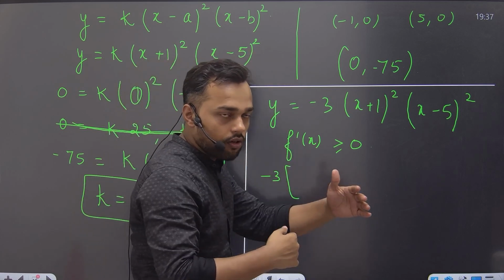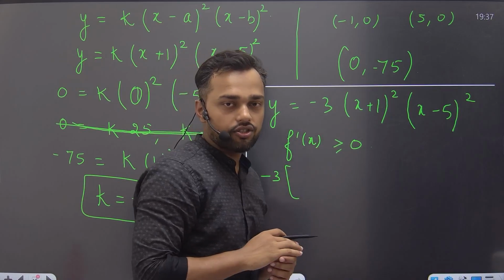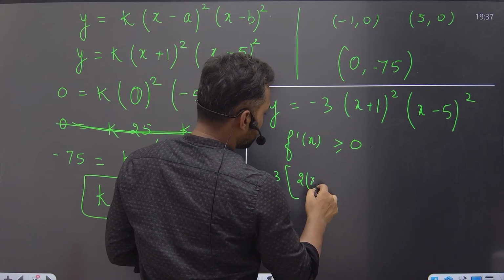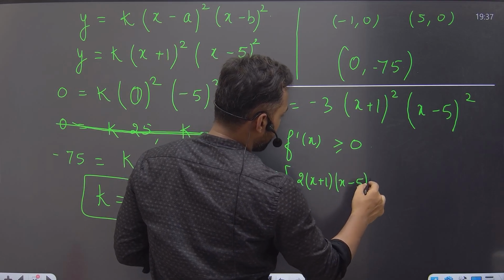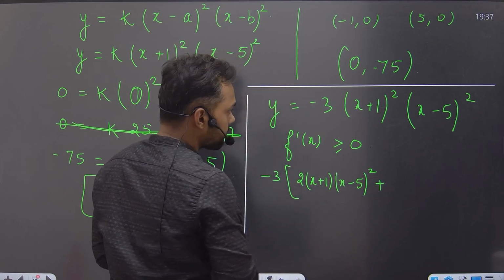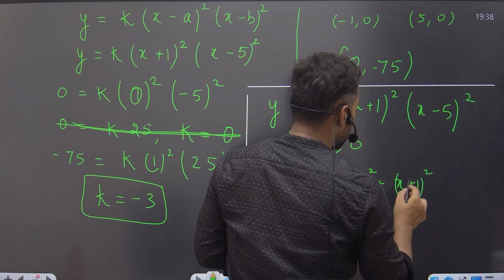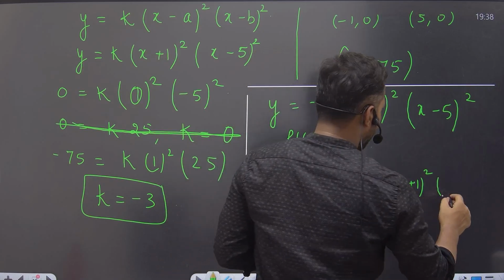Similarly, positive of the first function will be the same and the second function will be differentiated. This is how the chain rule works. So here it will be 2 of (x plus 1) times (x minus 5) squared plus (x plus 1) whole squared times (x minus 5).